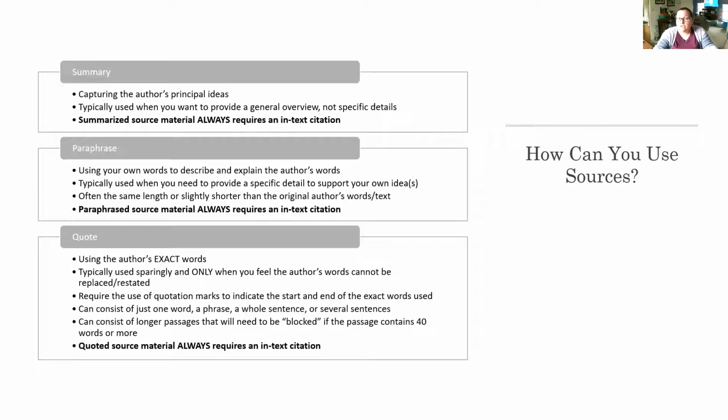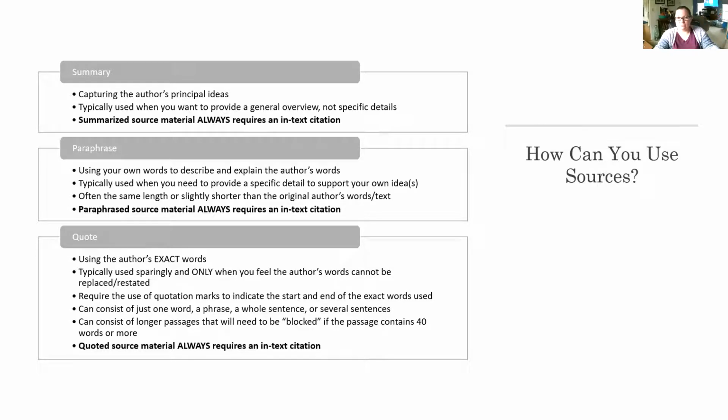If you are going to direct quote a longer passage, something that is 40 words or more, you would do what's called a block quote, where the whole thing is kind of blocked off and indented. I would suggest thinking very thoroughly about whether or not you even need to do a block quote, especially for the research paper in this class. But it would still be word for word.